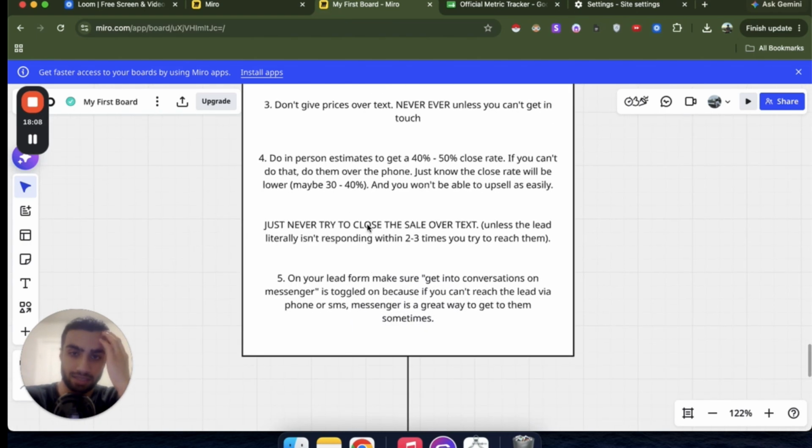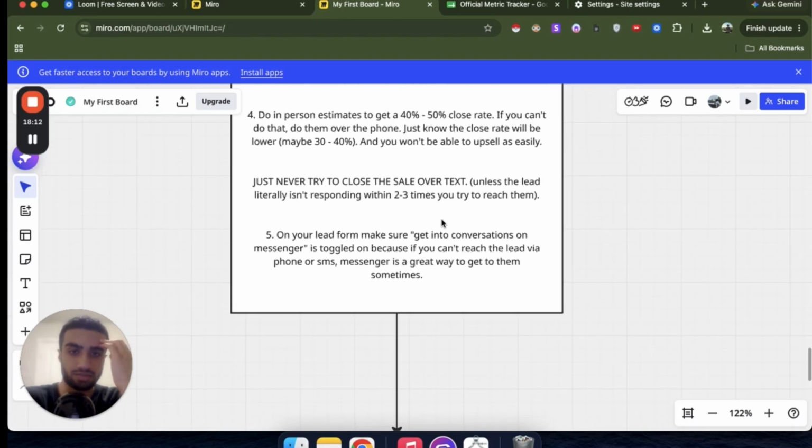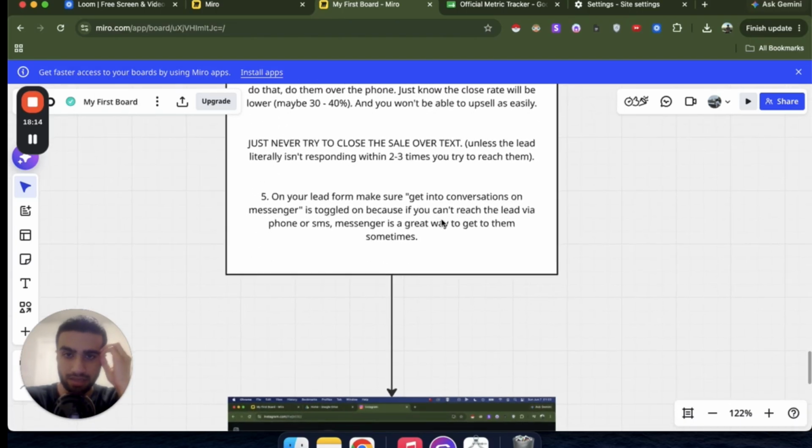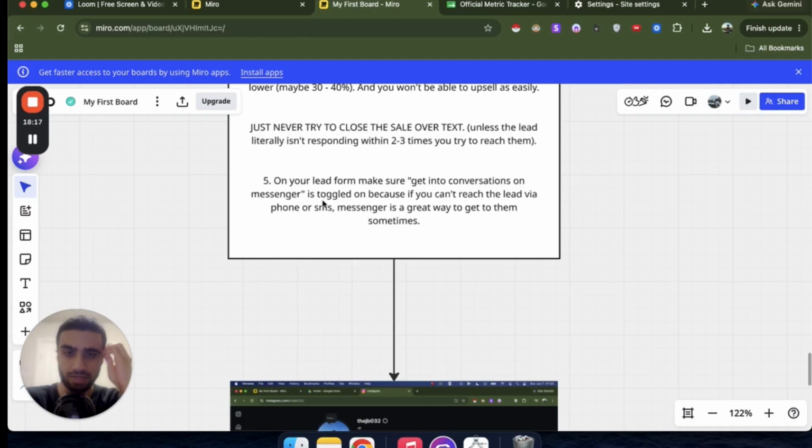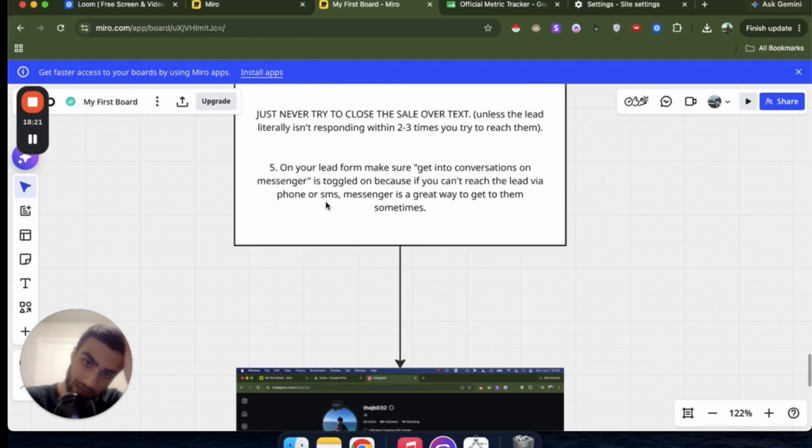And then, as I said, don't try to close a sale over text unless the lead isn't responding within 2 to 3 times you try to reach them. And on your lead form, make sure that there's an option to get into Messenger conversations, because if you can't reach the lead via phone or SMS, Messenger is a great way to get to them. I literally had a lead for one of my clients, a 250-something unit condo with multiple buildings and everything.